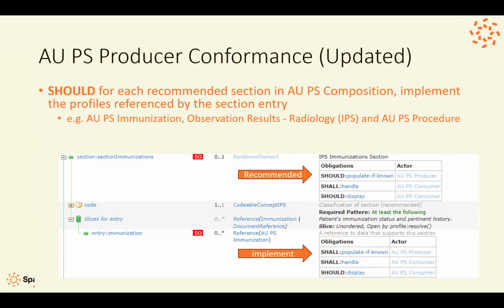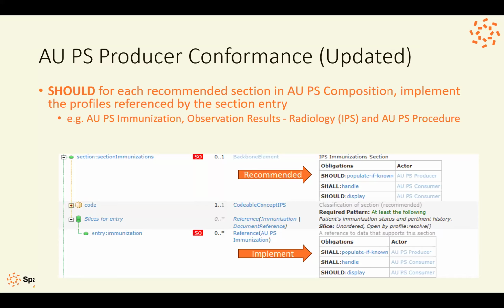So, no, we don't. It still says should. I don't think you updated the diagram. Oh, didn't I? No, I didn't. That's a typo, guys. Sorry, that's my fault. When I was copying across the obligations from IPS, I just put shall there. So the minimum obligation we inherit for both of those is should populate if known for producers.